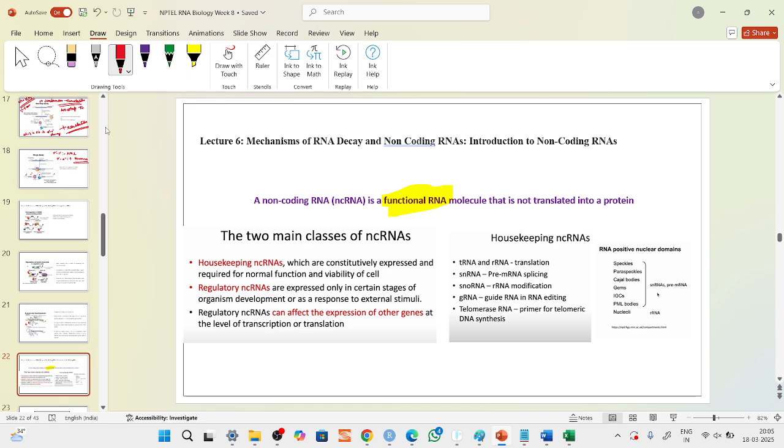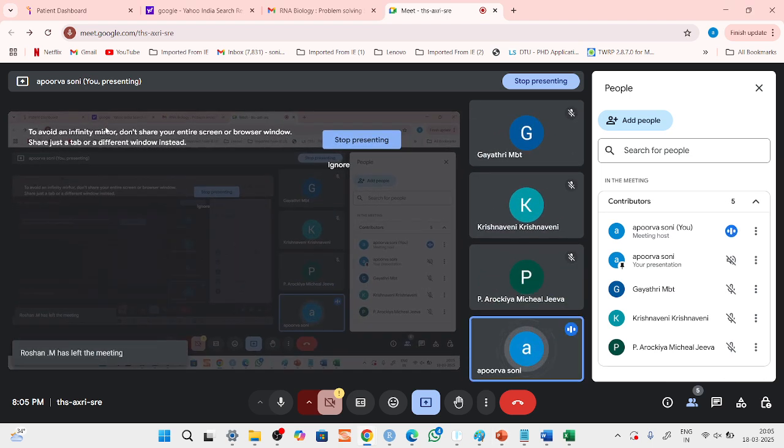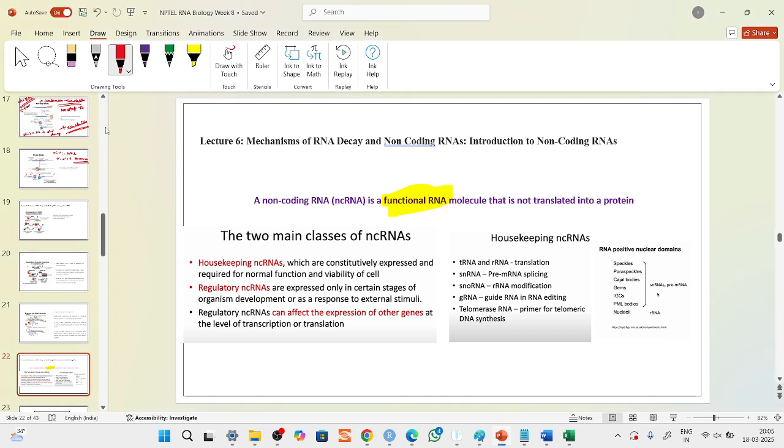Rest everything is the same. Now, even non-coding RNAs can be of two types. The first type is the housekeeping non-coding RNA, and the second is the regulatory non-coding RNA. I don't know whether you know the terminology which we call housekeeping genes. What is the meaning of housekeeping genes?